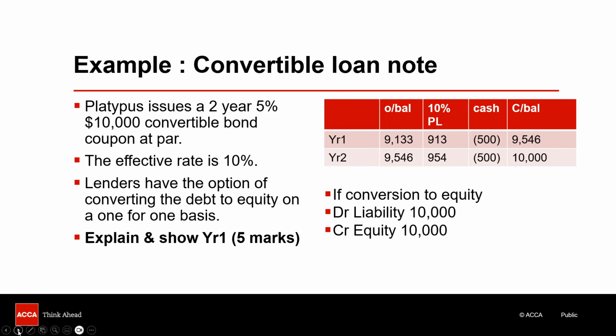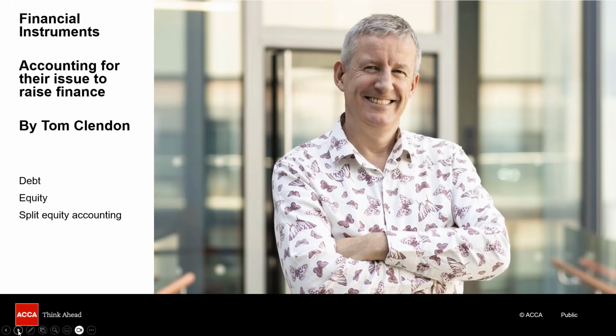So either way, the debt disappears and either we've got less money or we've got more equity, depending on what is decided by the bondholders, the debenture holders. Thank you for listening. I hope you now understand what happens when we issue debt, when we issue equity, the distinction between the two, and how we can apply split equity accounting.